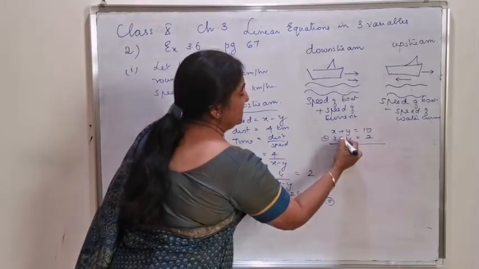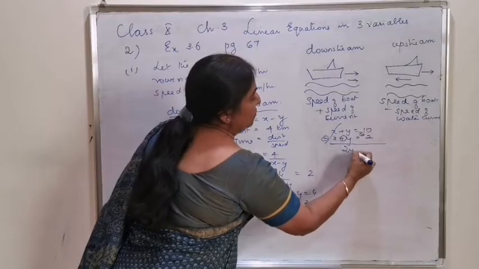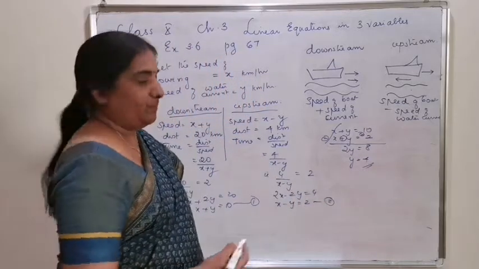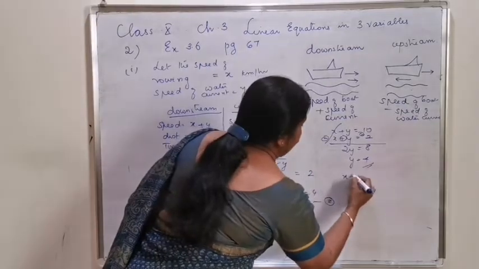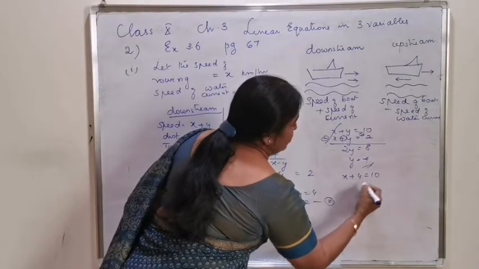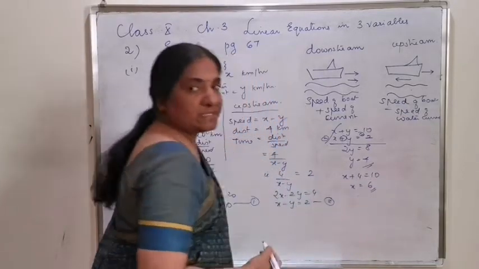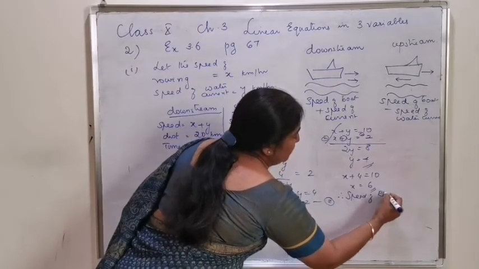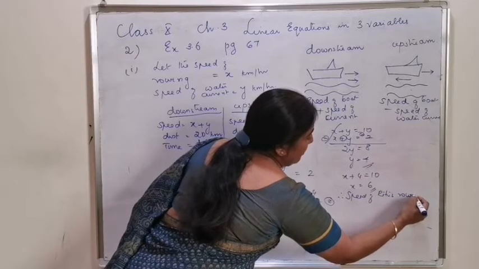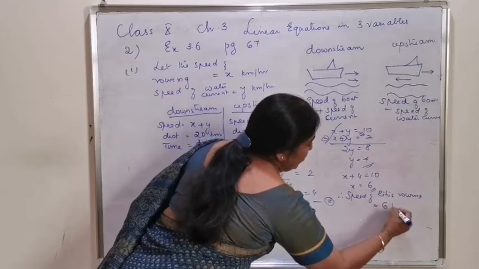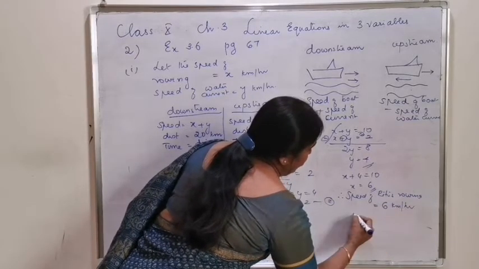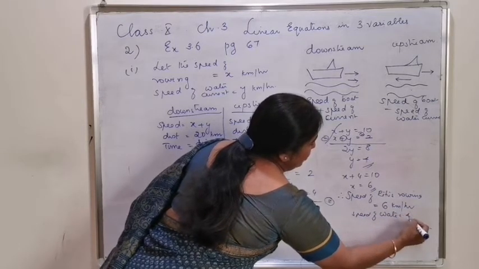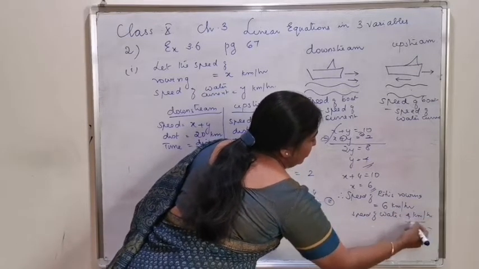When you change the signs, 2y is equal to 8, or y is equal to 4. Substitution: x plus 4 is equal to 10, x is equal to 6. Therefore, speed of Ritu's rowing is equal to 6 km per hour and speed of water is equal to 4 km per hour.